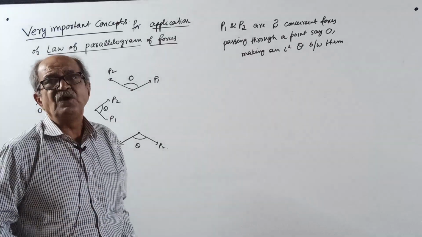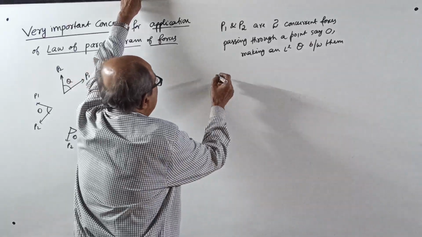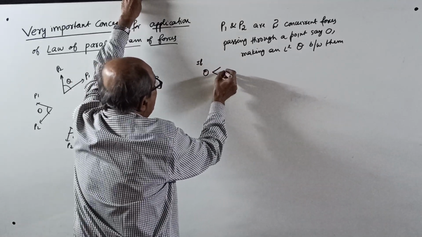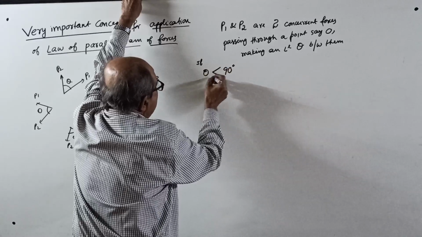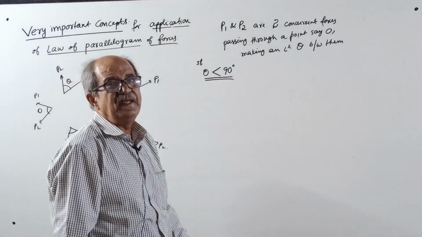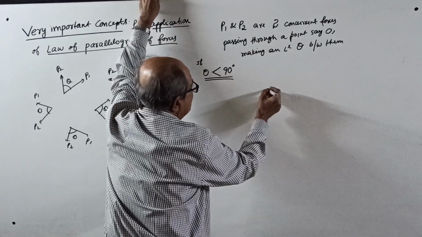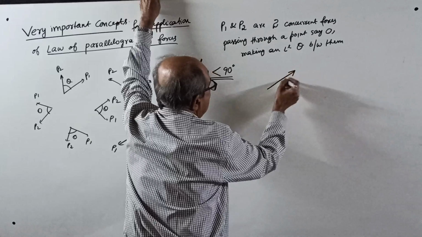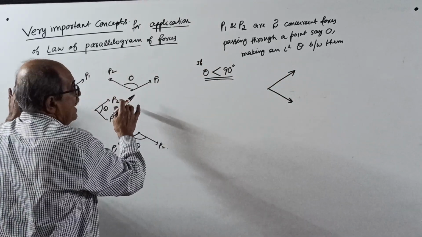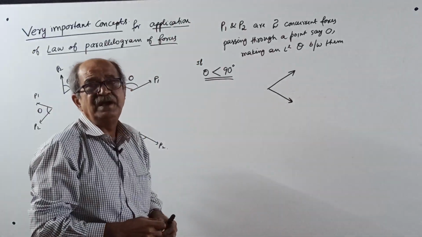Now you have to observe something. Make a note. If theta is less than 90 degrees, (90 degrees is a special case, I won't discuss it), then in simple language I will write one force this way, but importantly both the forces should be either acting away from the point or acting towards the point.